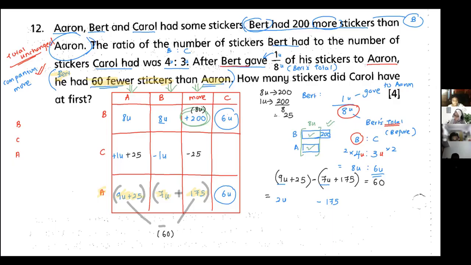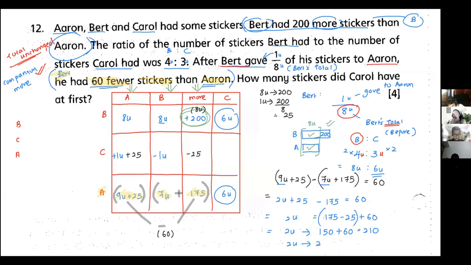Okay, so 2 units plus 25 here equals to 175, and then here's a 60 like this. Okay, so 2 units equals to 175 minus your 25. Then you plus 60 this way. So 2 units is 175 minus 25 is 150 plus 60 equals to 210.